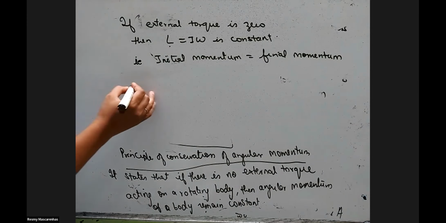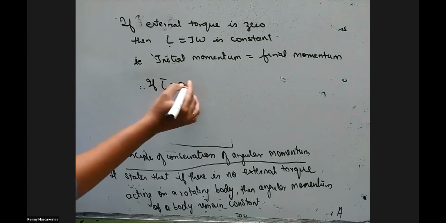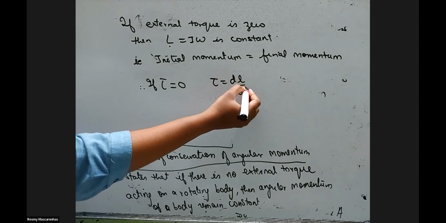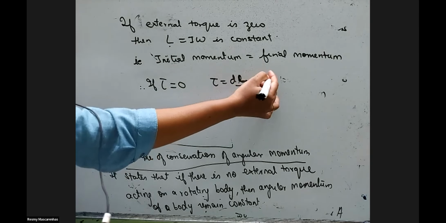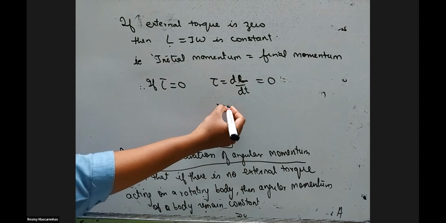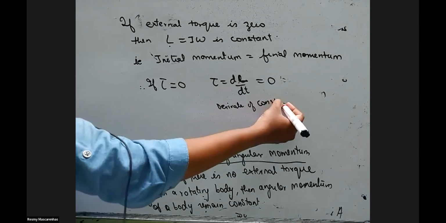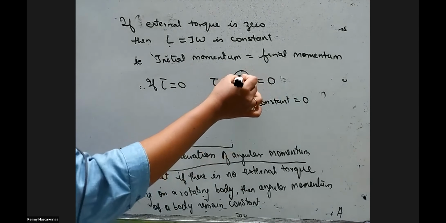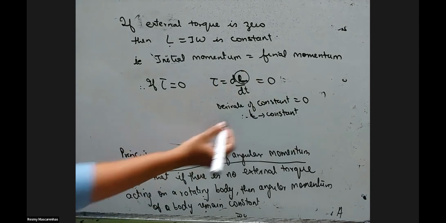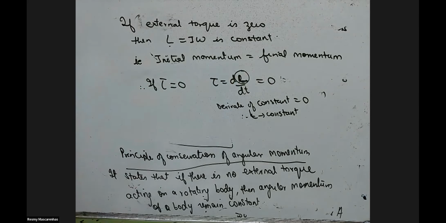Why do we get so? Because just now we saw that if torque is zero, what was the relation? Torque is dL upon dt, so this is also equal to zero. We know that the derivative of a constant is always equal to zero. So we assume that L is constant. Torque is the derivative of angular momentum with respect to time.